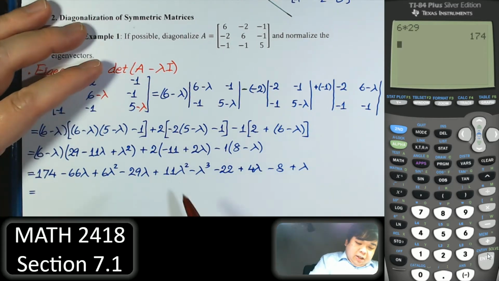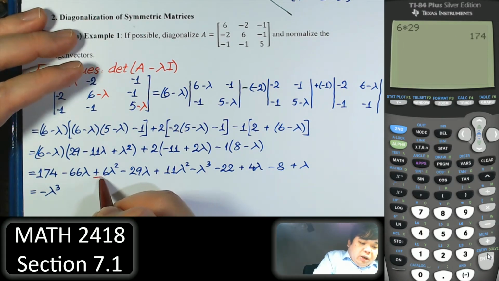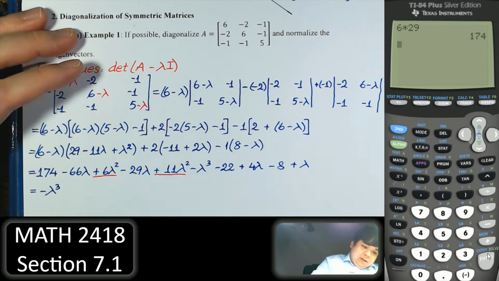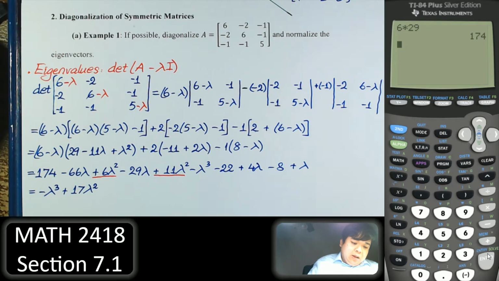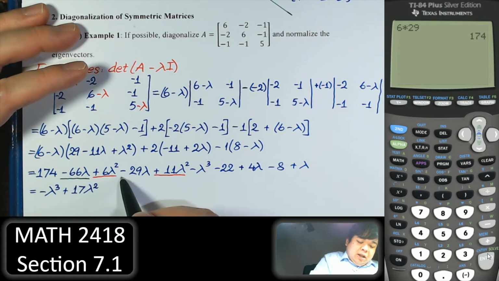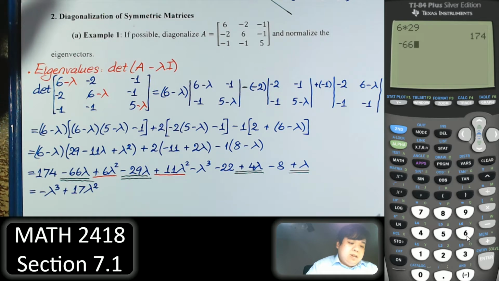Right, let's simplify. We only have one lambda cubed. For the squared terms, we have 6 and 11, which is 17. For the lambda terms, we have negative 66, negative 29, plus 4, and 1, which is minus 90.